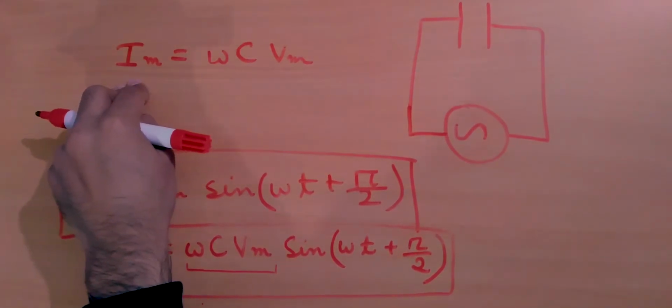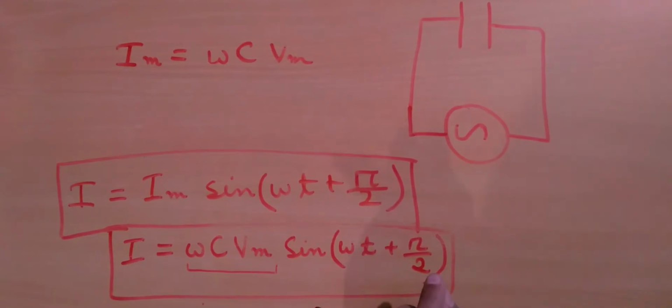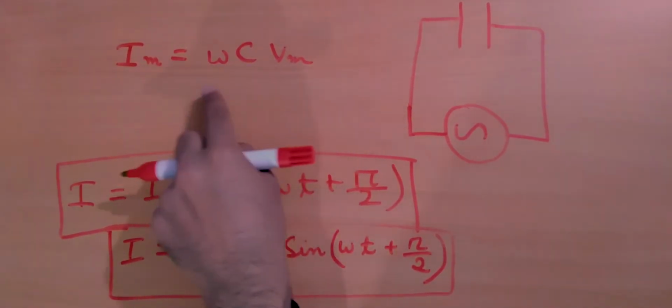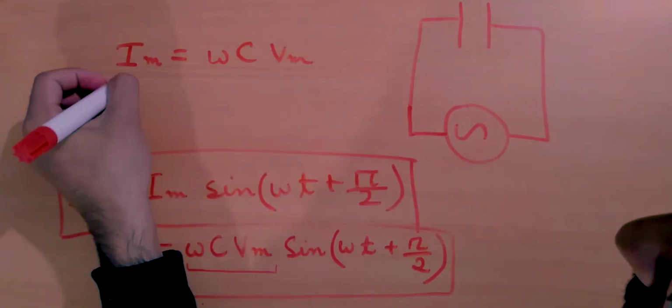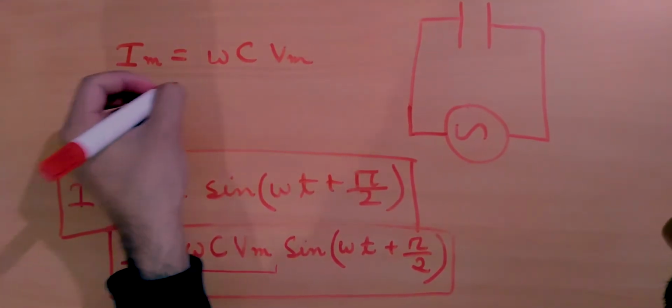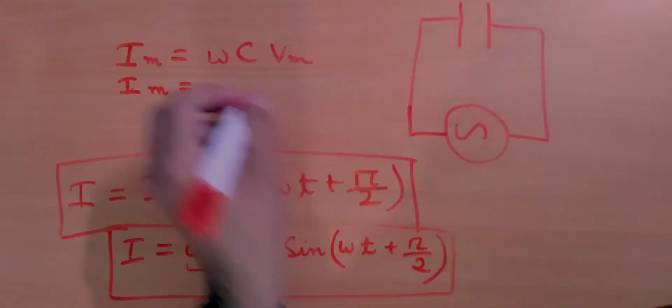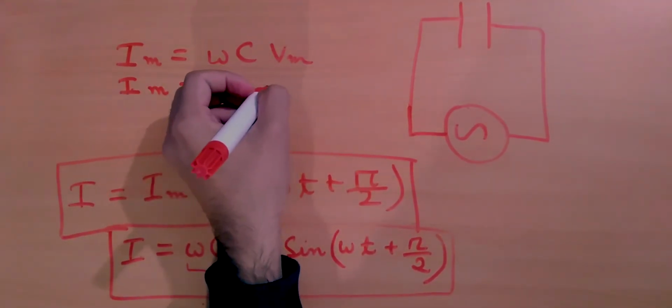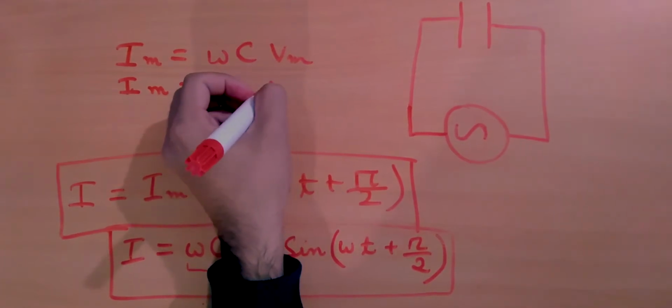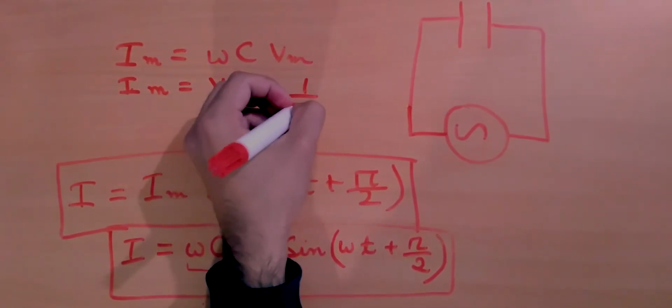Now, just to be a little manipulative, I can also write this whole thing as Im equals Vm divided by this fraction.